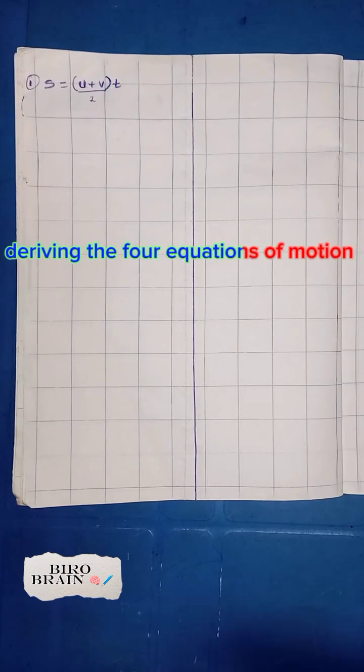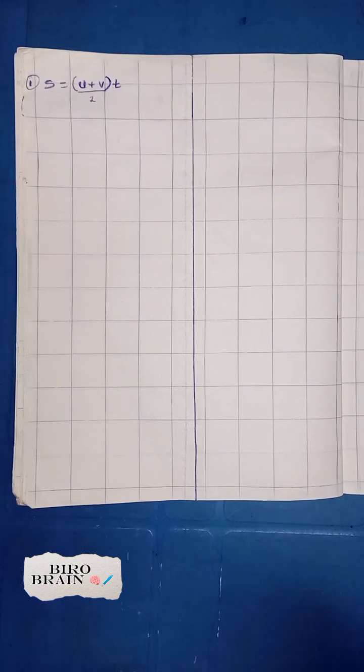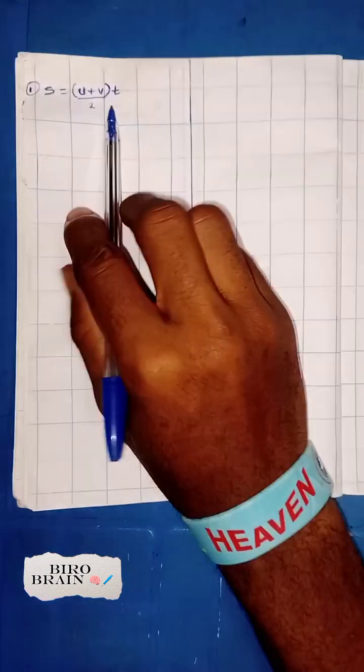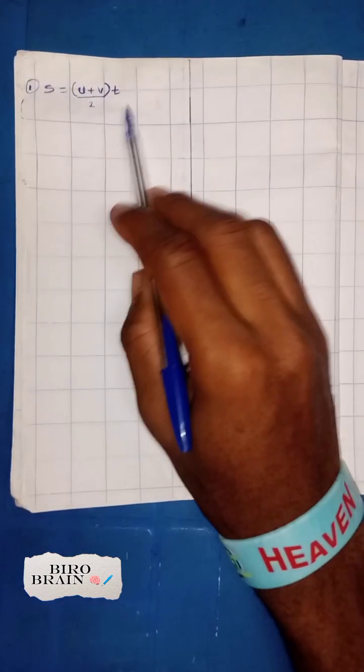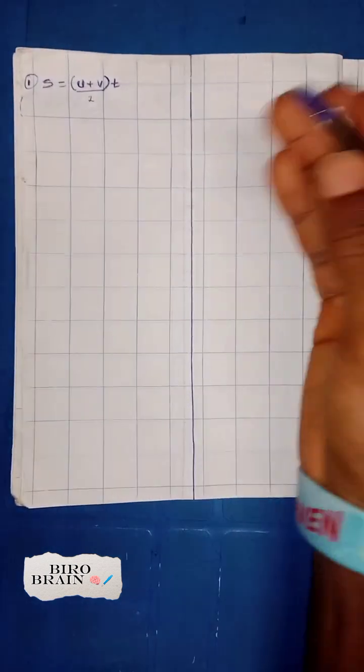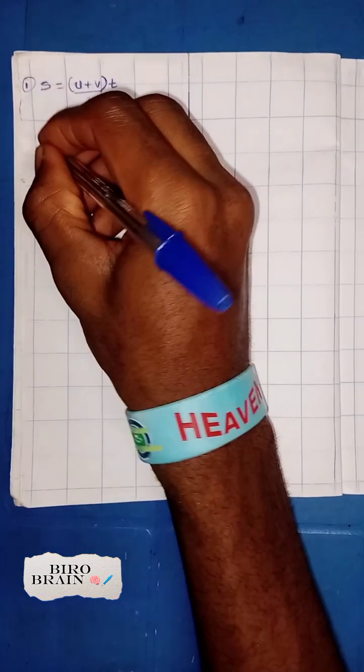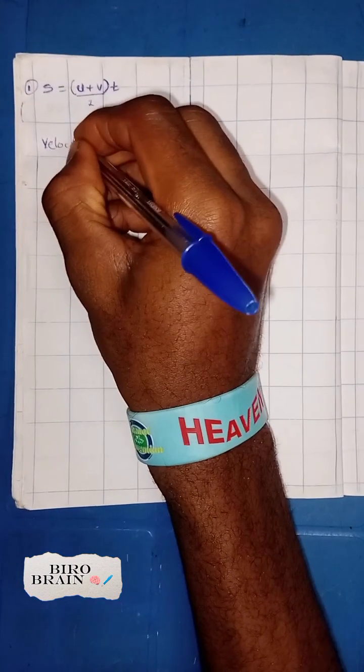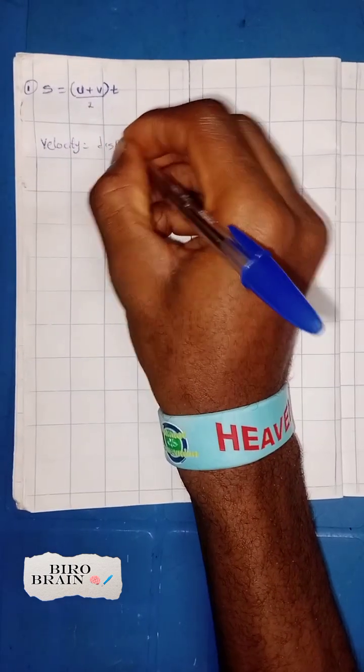Alright, so today we're going to be learning how to derive the four equations of motion. The first thing you want to do, we're going to learn how to derive this equation first. We all know velocity is displacement over time.